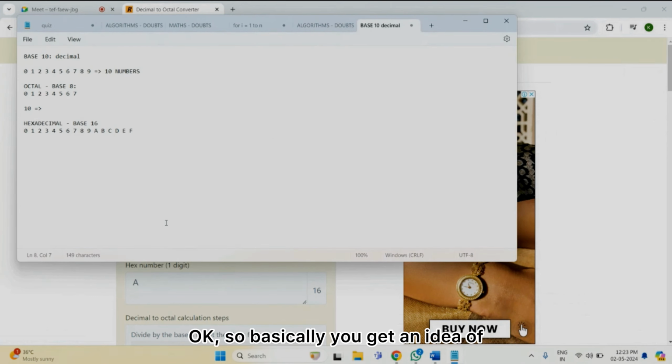So basically, do you get an idea of what an octal and a hexadecimal number is? Everybody? Yes, ma'am. Any difficulty? If you don't understand anything, please feel free to ask me. Anybody not understood anything? Okay, so we'll move on then.